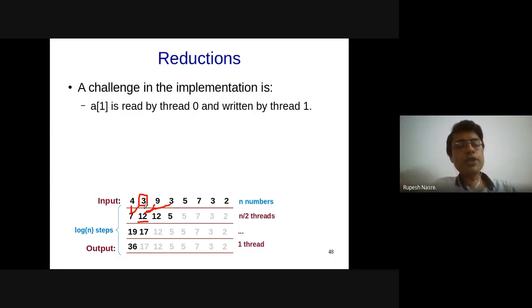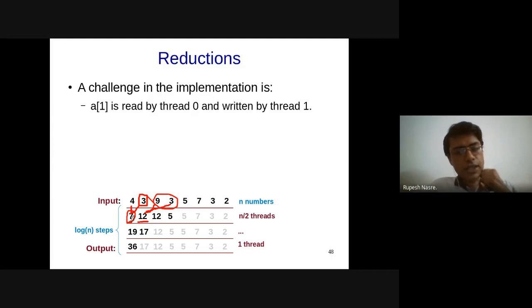Which means that the original value of 3, which was there at a of 1, might get overwritten by thread 1 when it performs its processing. So if you are lucky, thread 0 will see the value 3 and add it to get the value 7.